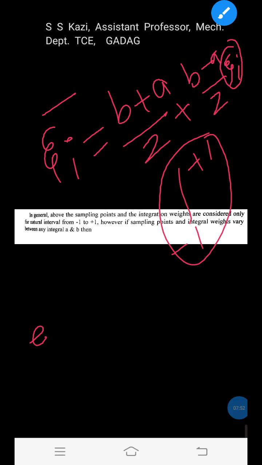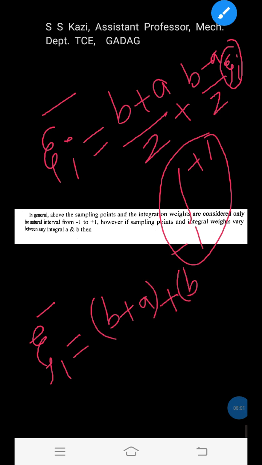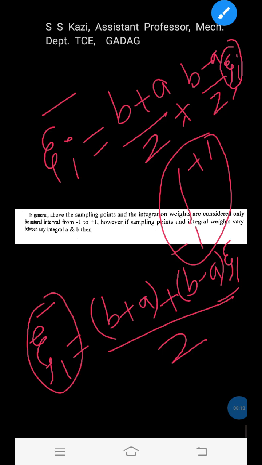If we are finding zeta 1 bar, that is given by (B plus A) plus (B minus A) into zeta 1, where 2 is common, so you may write it like this also. Now to calculate zeta 1 bar, this is the formula. B and A are the upper limit and the lower limit. Zeta 1 is the Gauss point.